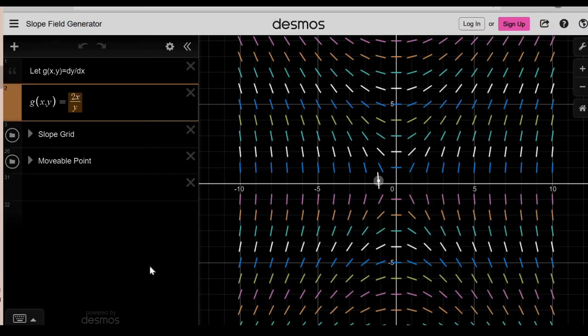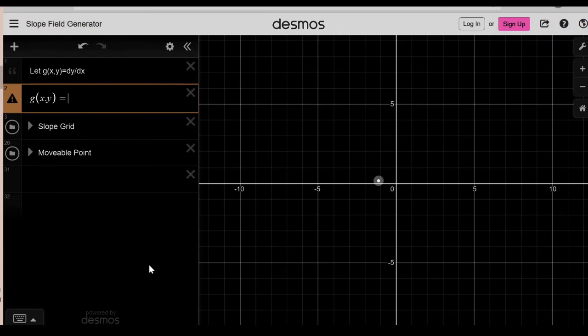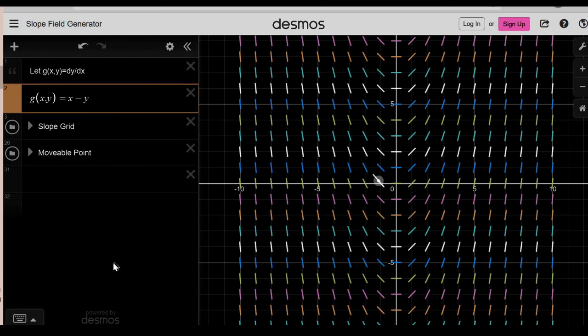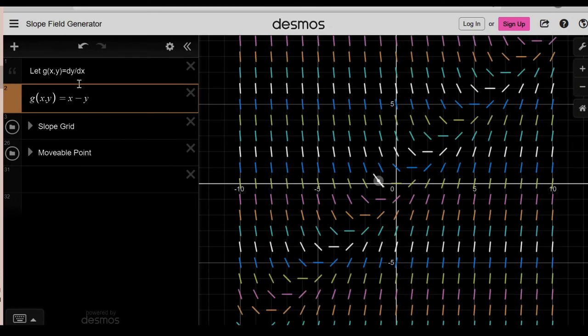And in the second box, you can enter the formula corresponding to the value of y prime, dy/dx, in your problem. So in our problem, we have the formula y prime equals x minus y. I'm going to type that into the box, give it a minute to think, and here we are. Here is the slope field corresponding to this ODE.